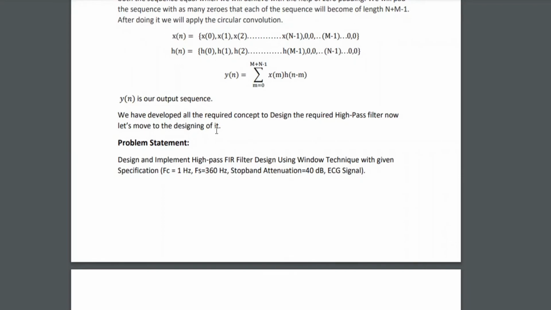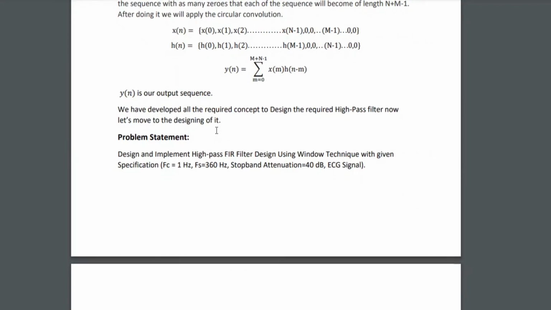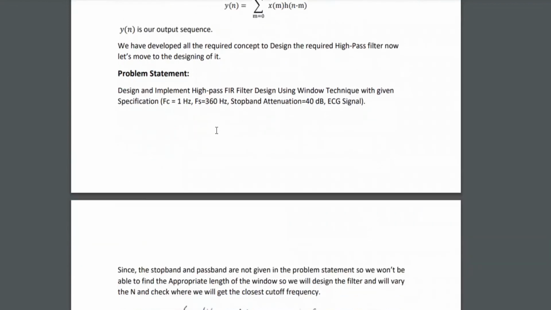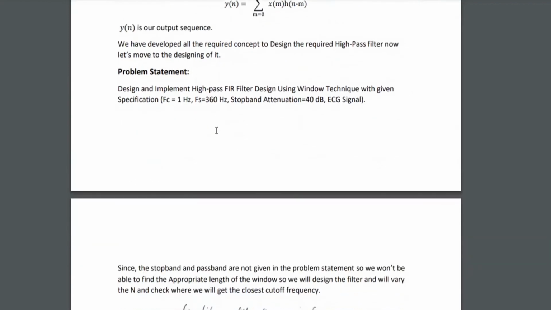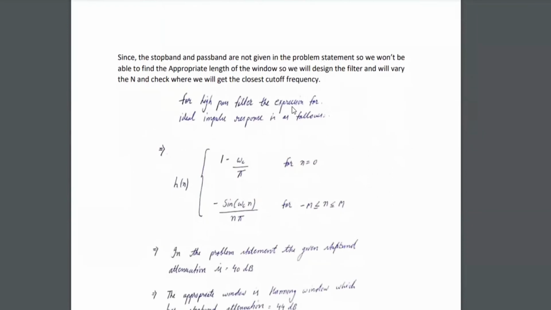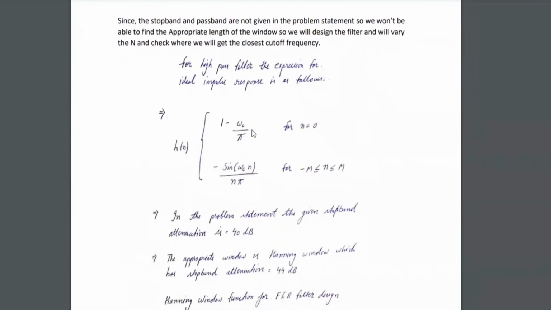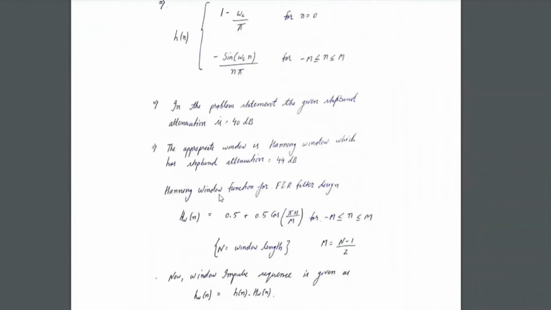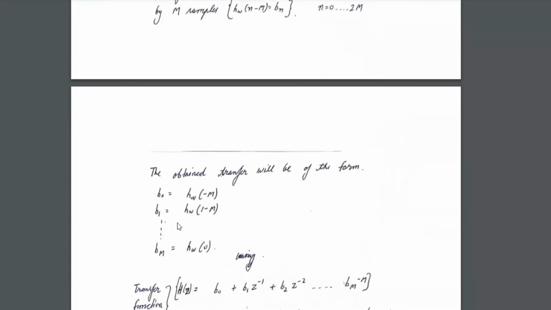Since we have developed all the required concepts to design the required high pass filter, now let's move to the designing of it. Problem statement: design and implementation of a high pass FIR filter using the window technique with given specification. As we have already discussed, to obtain the windowed impulse response, we will use h(n) and H_w(n) and multiply them, and we will find the coefficients b0, b1, ..., bM of the transfer function.